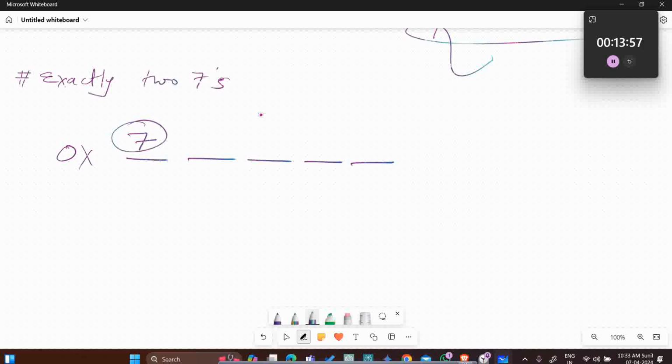Because we can choose the other 7 from here only. So 4C1 into, for the leftover 3 places, let's say 7 is one of them, how many digits do we have? 9 here. So 9 to the power 3, right? This is one case only.